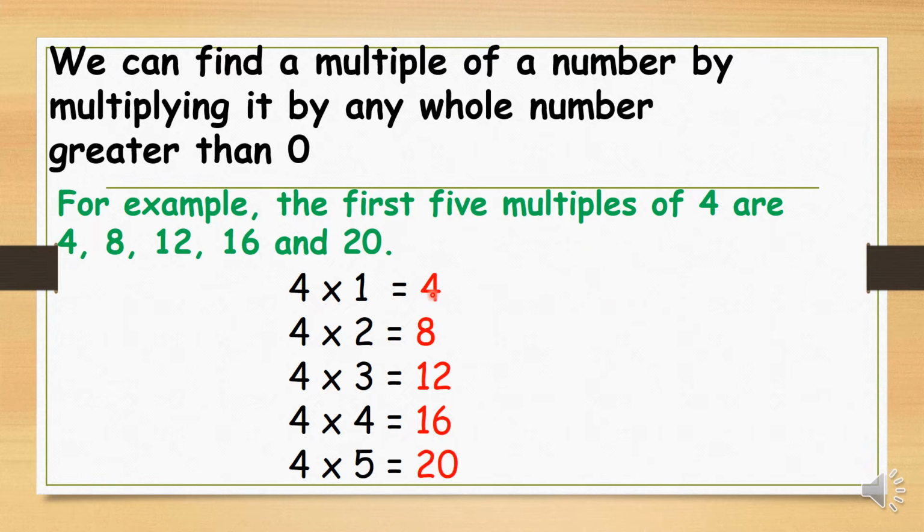Now 4, 8, 12, 16, and 20 are the first 5 multiples of 4. We got them by multiplying 4 by a whole number greater than 0, such as 1, 2, 3, 4, and 5.